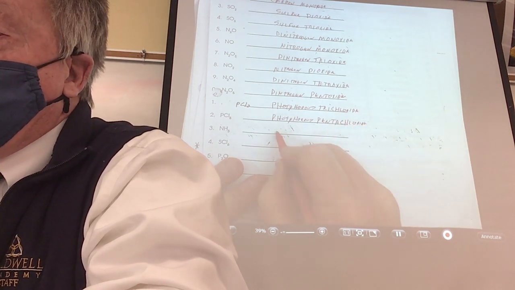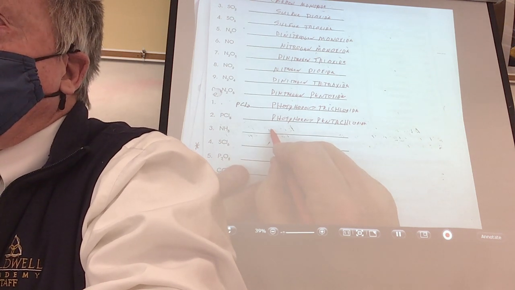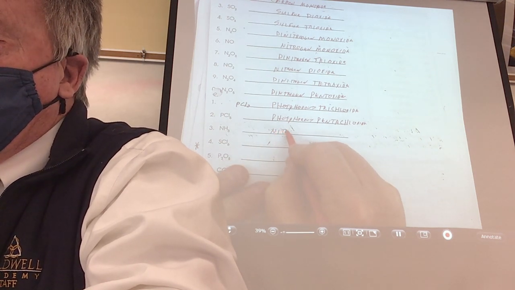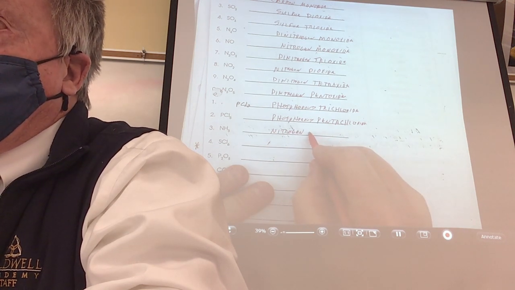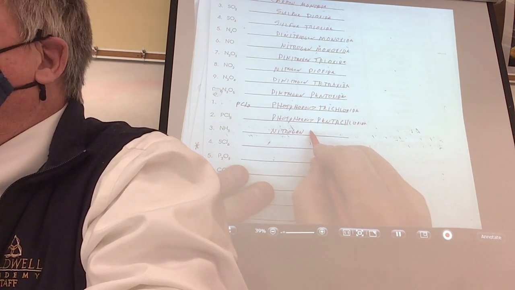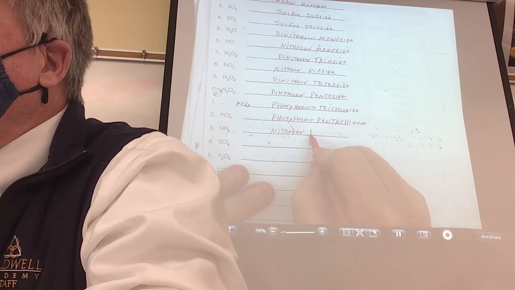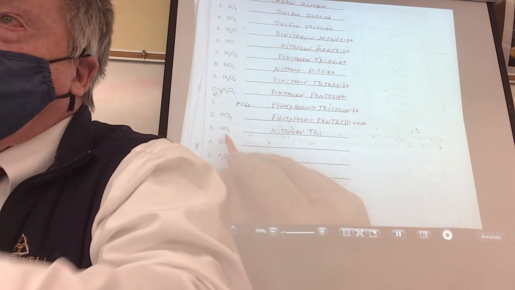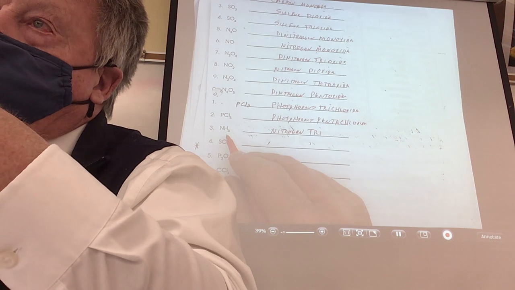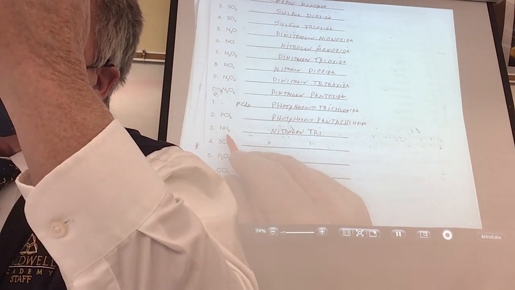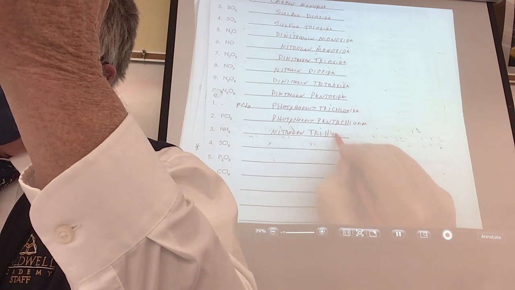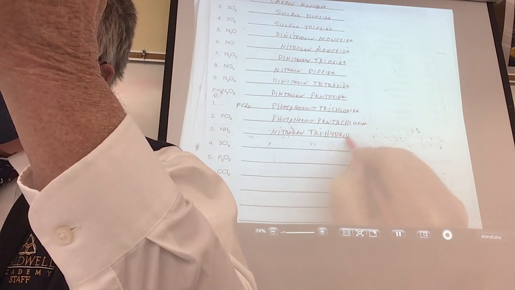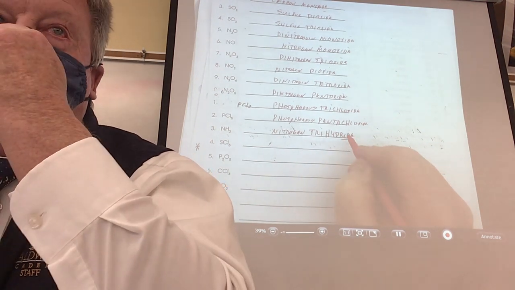Okay, go. This is a hard one. What's 3 mean? What's the prefix for 3? And make hydrogen into something that has IDE at the end. Hydride, okay?